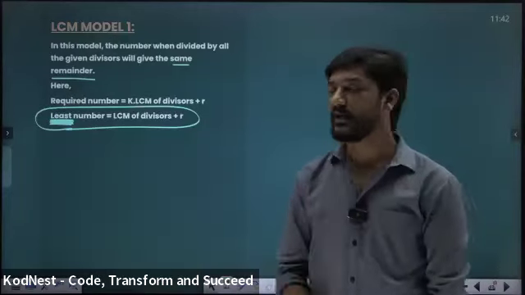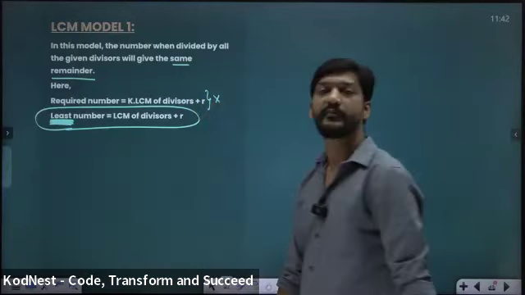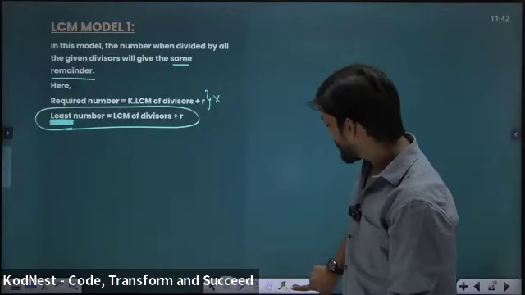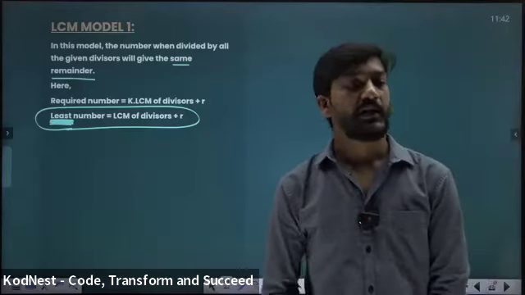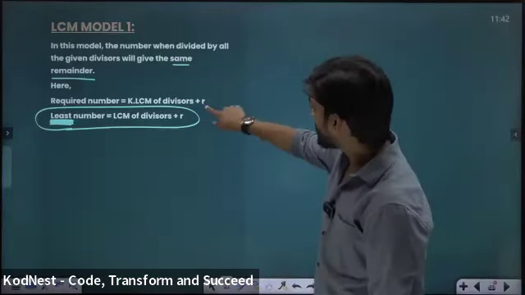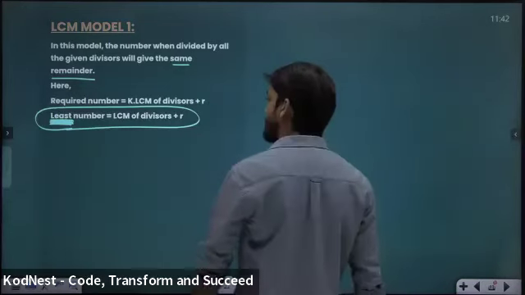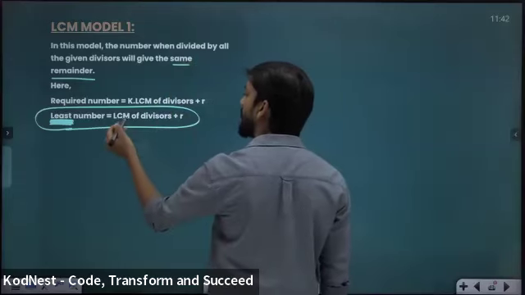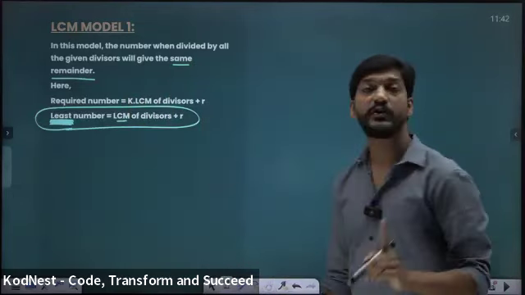If they don't ask least value, although I have written, but I will not apply this. It is right. I'm not saying it is wrong. I'm saying I will not apply. But yes, in the books, they will apply this. I will not apply. Okay, so carefully see, please. To calculate least number, you just have to calculate LCM of divisor, add the remainder value, you will get your answer.